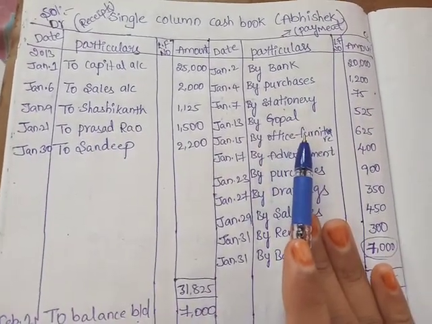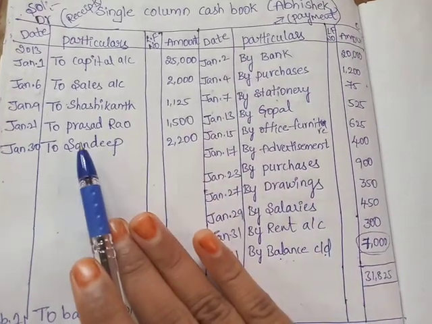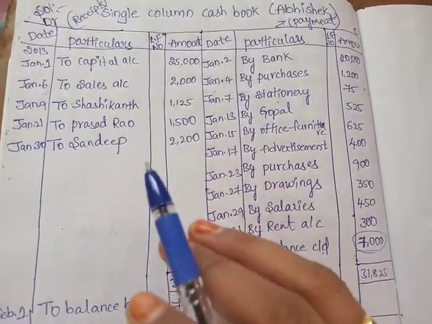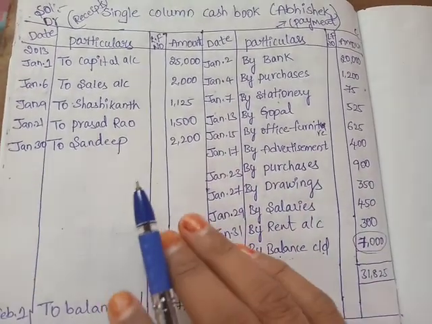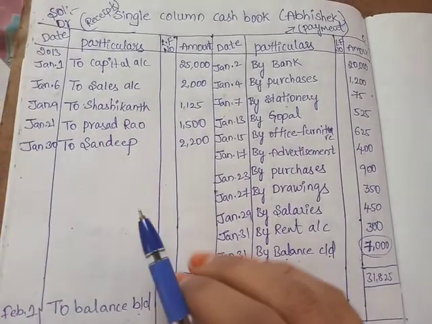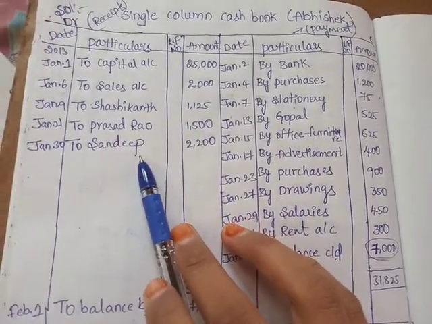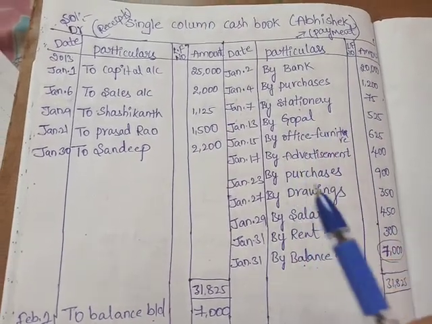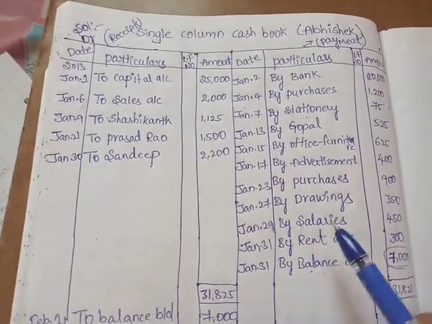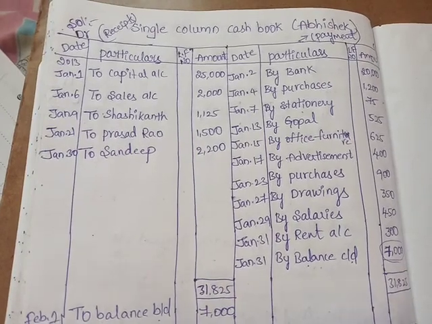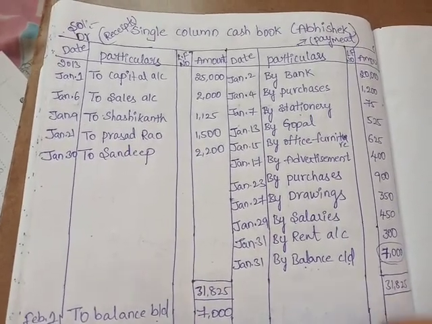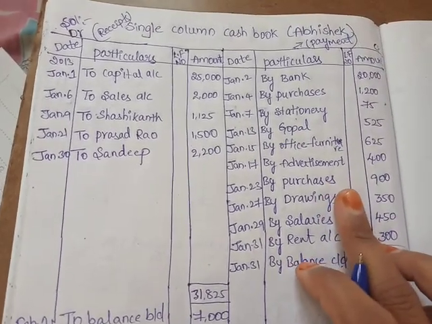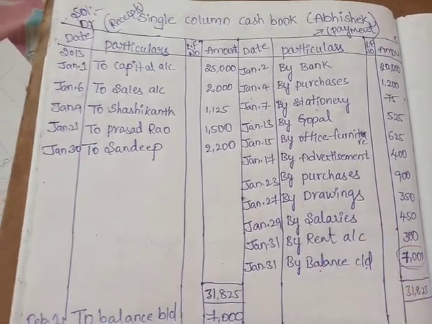Whenever we receive, at that time some discount may be there, we receive a somewhat lesser amount, so that is discount allowed. And discount received is, whenever we make payments to some other person, we pay a lesser amount than what we actually owe, so that will be discount received. Okay, now see the problem.